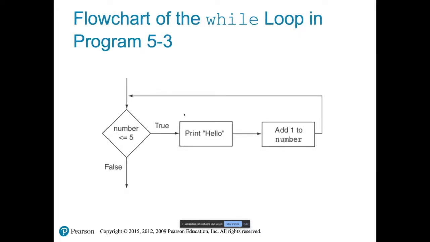And I'll show you in more detail two other ways of exiting a loop, but we'll talk about those shortly. So right here: number is less than or equal to 5, print hello, add 1 to number, you're looping. Each time you write it in the flowchart, this helps you because this is your checkmark. Because if you don't have this, this condition would never be false, so you would have an infinite loop.